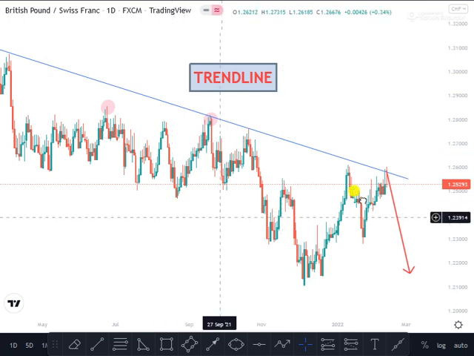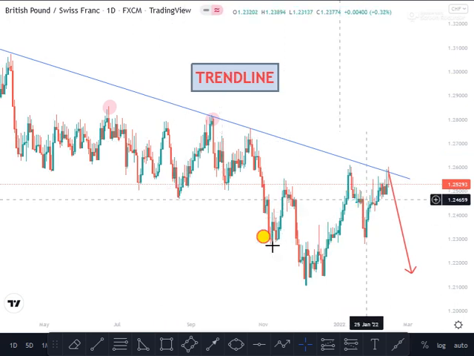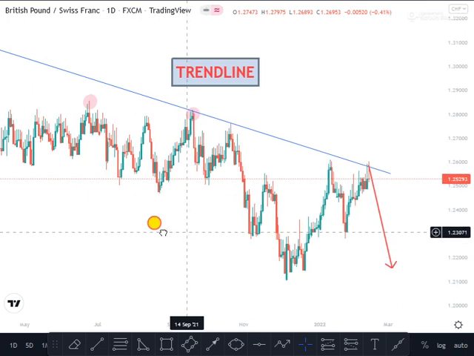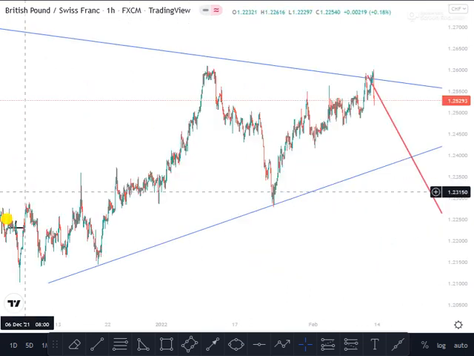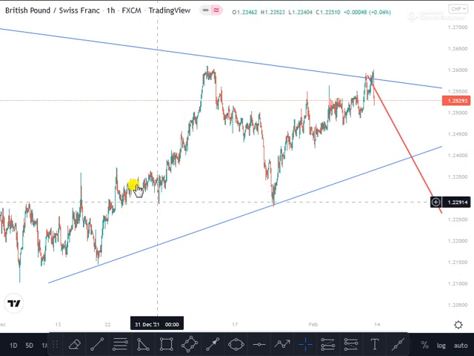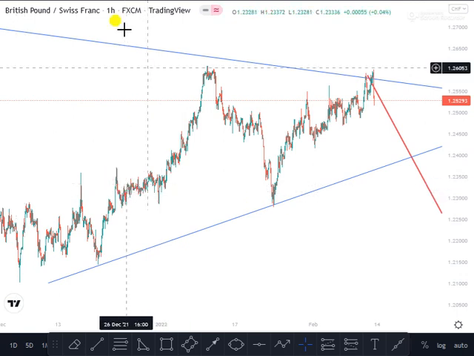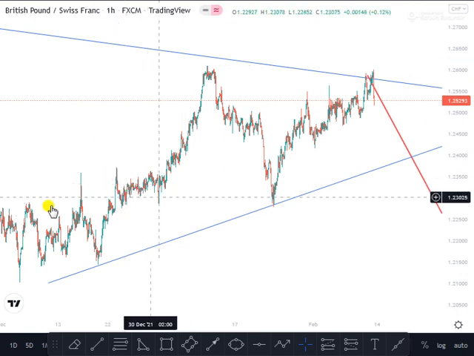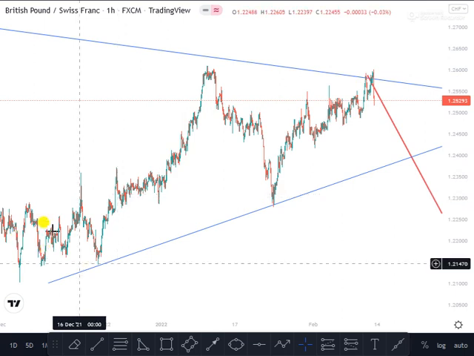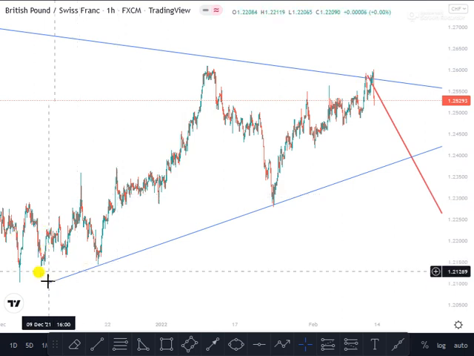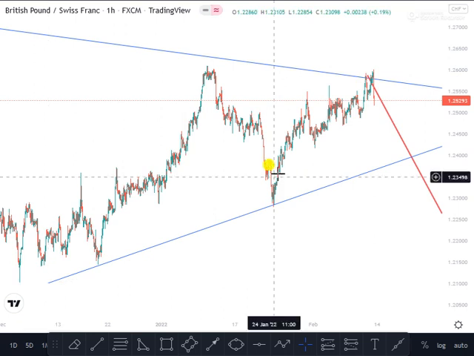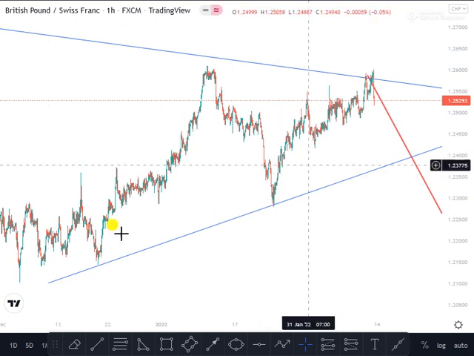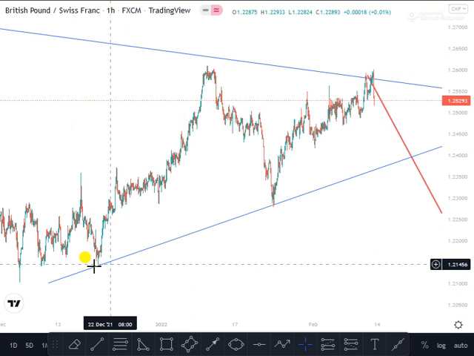So let's look now at trend markets. This is the same pair but different time frame. So look at this. This is a perfect clear example of a downtrend. Okay, I'm sorry, an uptrend. Now you see here, this is low.